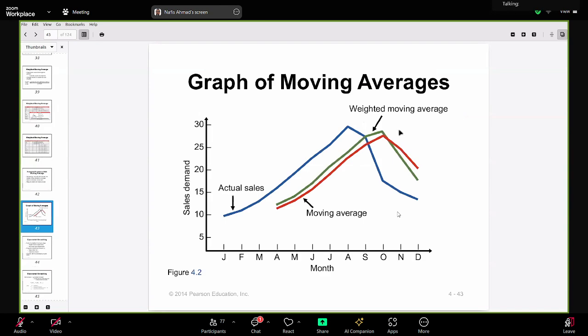Okay. So this graph shows the scenario between actual sales, weighted moving average, and moving average curves.